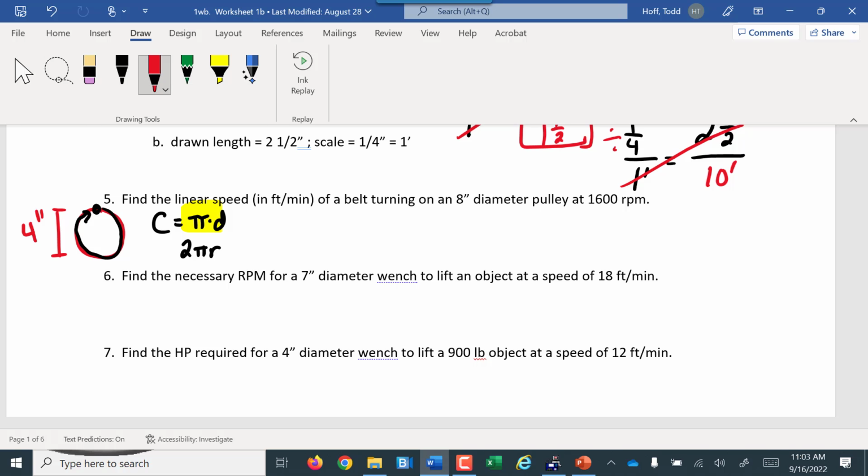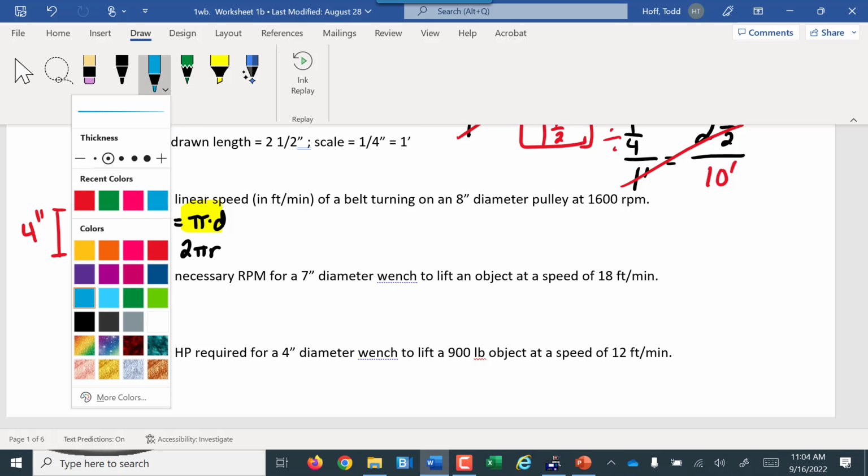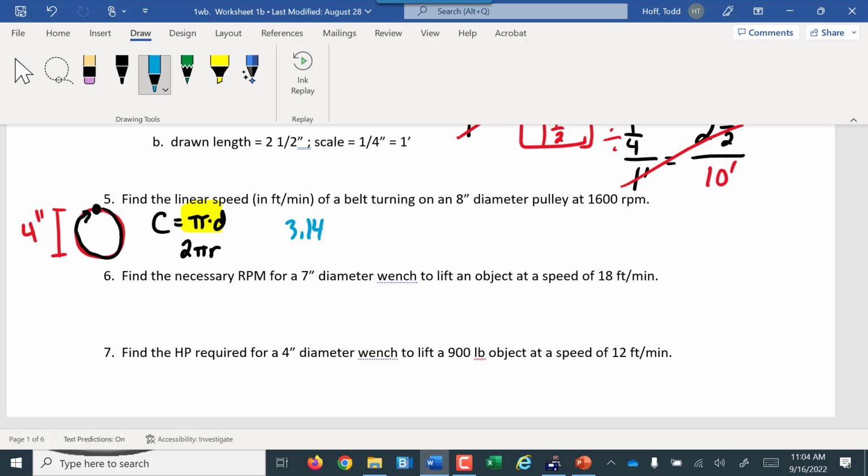So the distance around the pulley once is, we're just going to use 3.14 for pi, times the diameter of 4, which gives us 12.56 inches. But it's not just turning once, it's turning 1,600 times per minute, 1,600 RPM. So we'll multiply that then by 1,600.